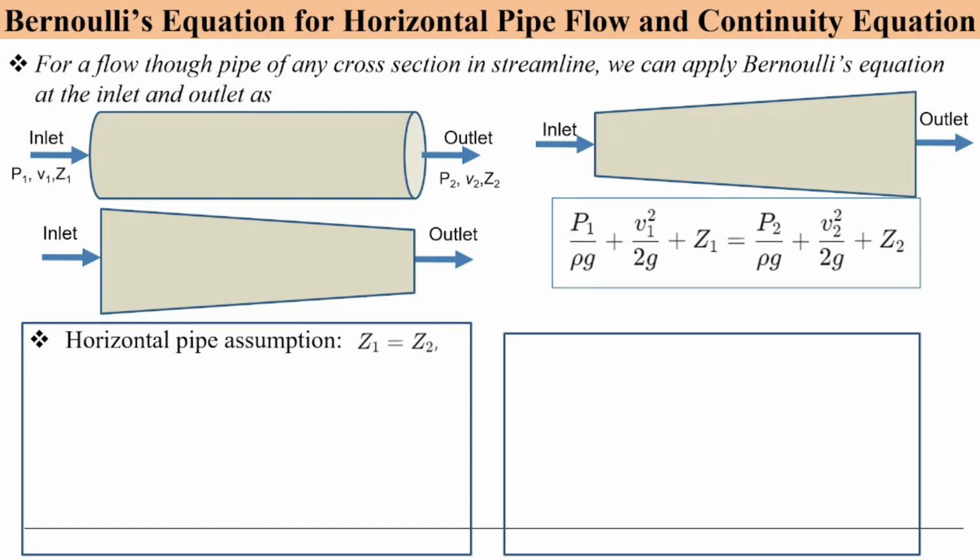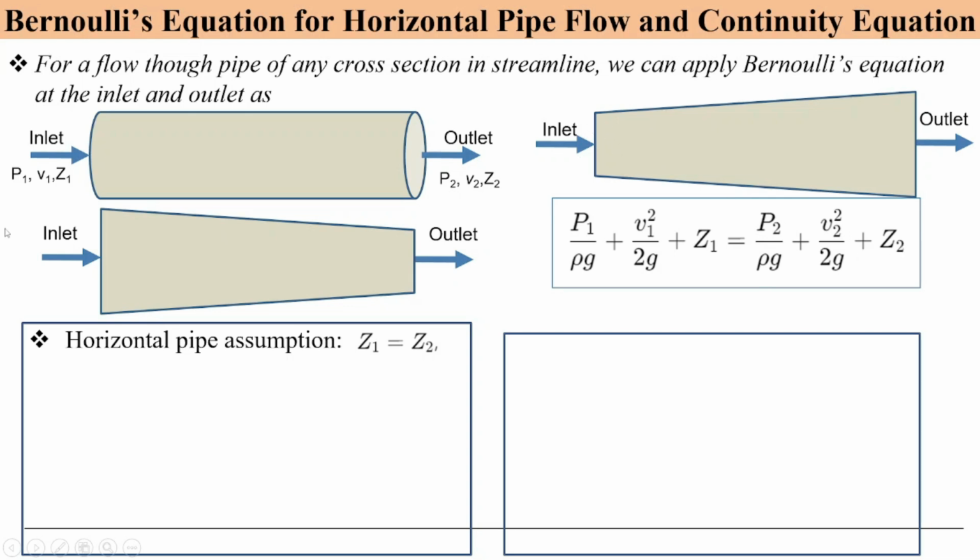Let's move further. Now, as I said, if we apply this Bernoulli equation to fluid flowing through a pipe section, it may be of uniform cross-section area throughout the flow, or it may have a converging section, or it may have a diverging section. But if we apply Bernoulli's principle for such flow where the fluid is incompressible, the flow is inviscid, and also the flow is laminar and steady state, in that case for all the shapes the equation will be the same.